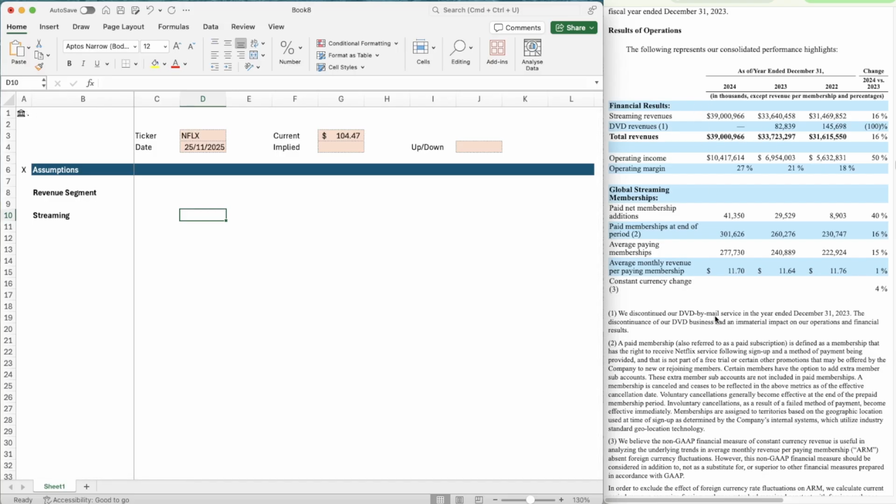We discontinued our DVD by mail service in the year ended December 31st, 2023. So we'll just put all of these into streaming. The revenue segment, then we want which bear, base, bull.